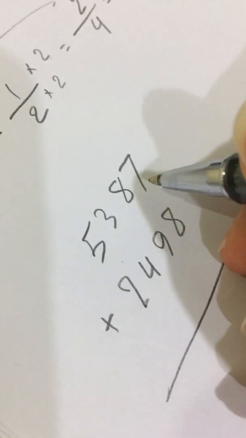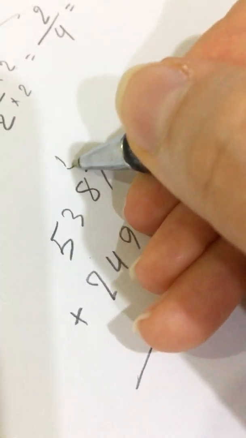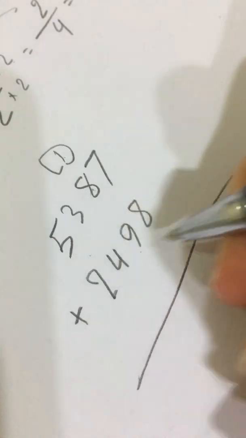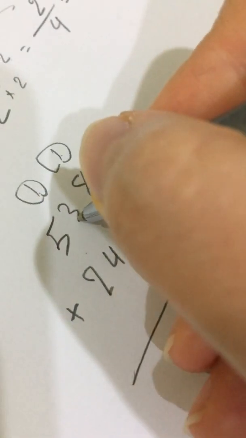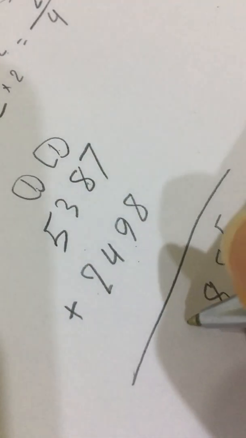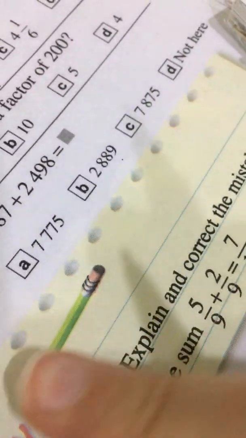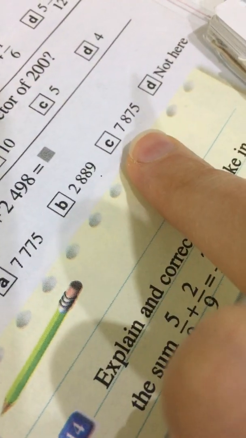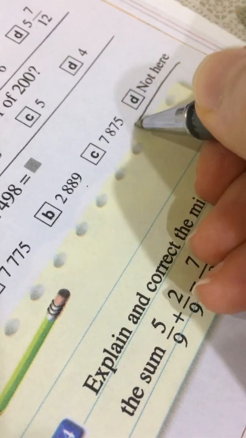When we add and when we subtract, we always start from the ones. 7 plus 8 is 15, 5 and 1 here. 1 plus 8 is 9, and 9 plus 9 is 18. Now 1 plus 3 is 4, and 4 plus 4 is 8, and 5 plus 2 is 7. So the answer is 7,885. So the answer is not here.